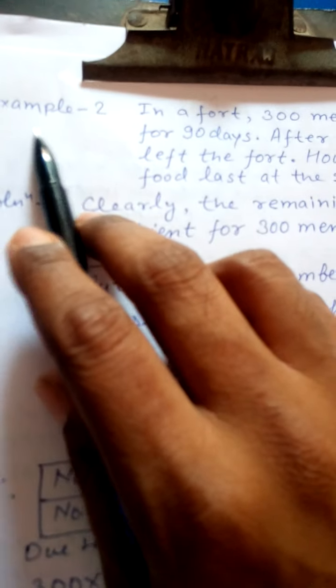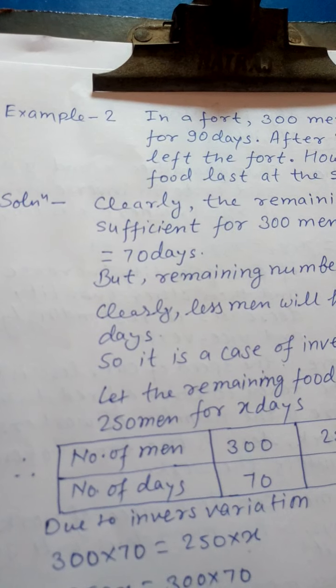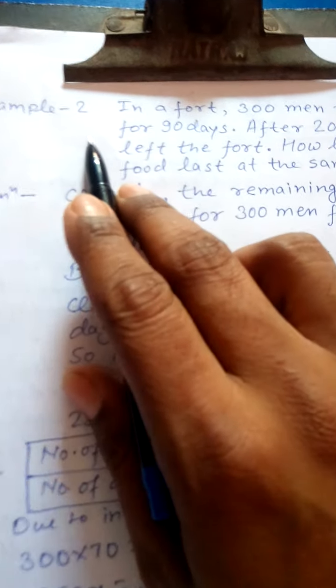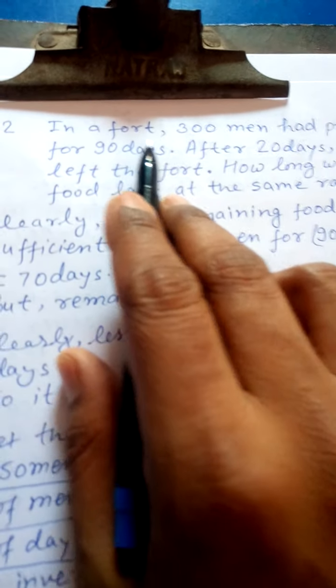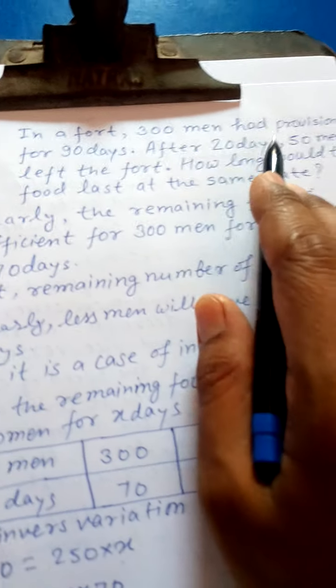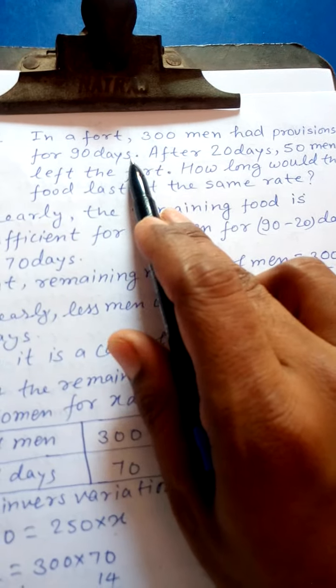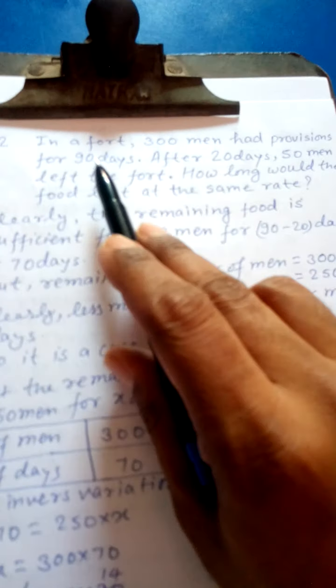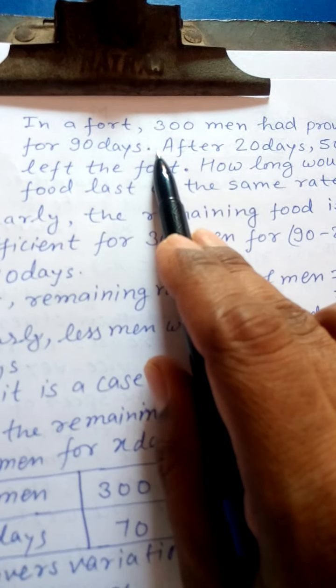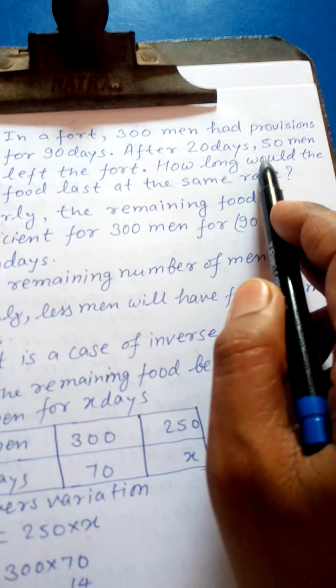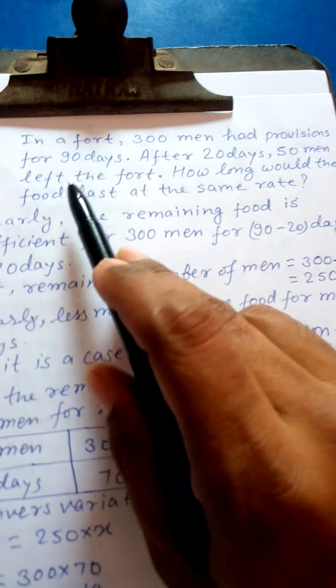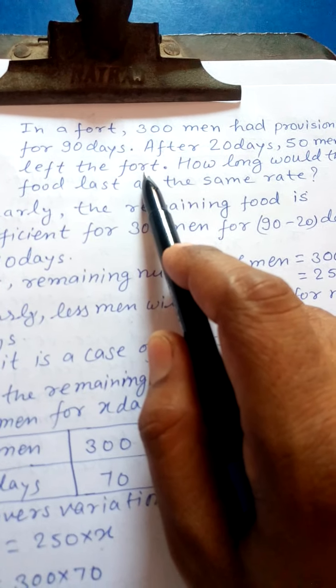Now I am going to take another example. Example number 2. In a fort, 300 men had provisions, that is ration, for 90 days. After 20 days, 50 men left the fort.